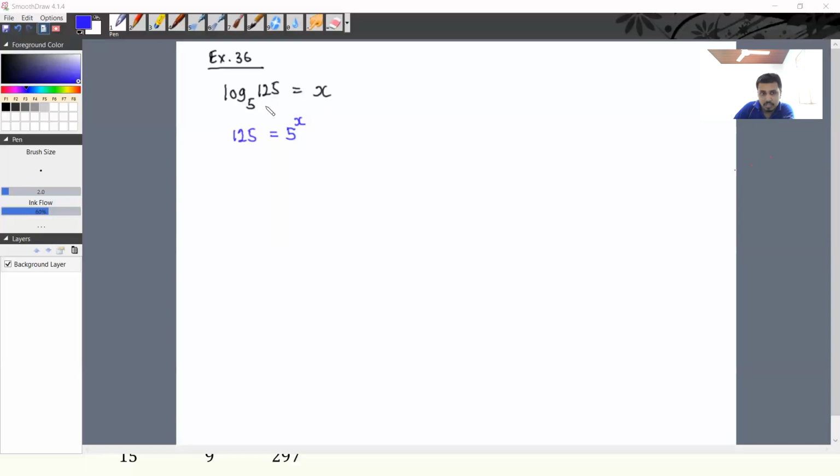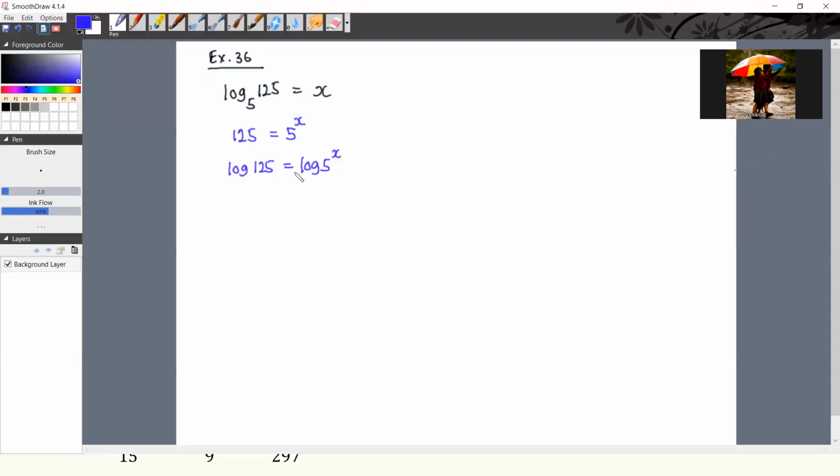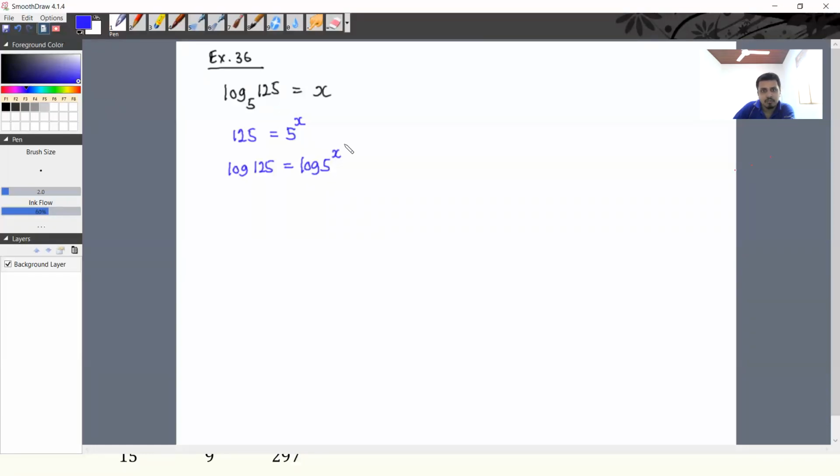Apply logarithm to both sides. It means log of 125 should be equal to log of 5 to the power x.